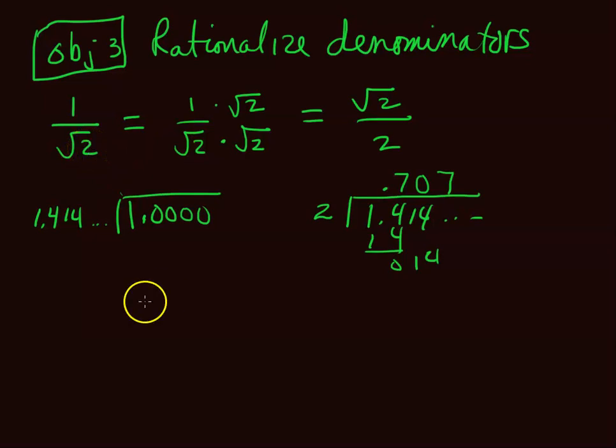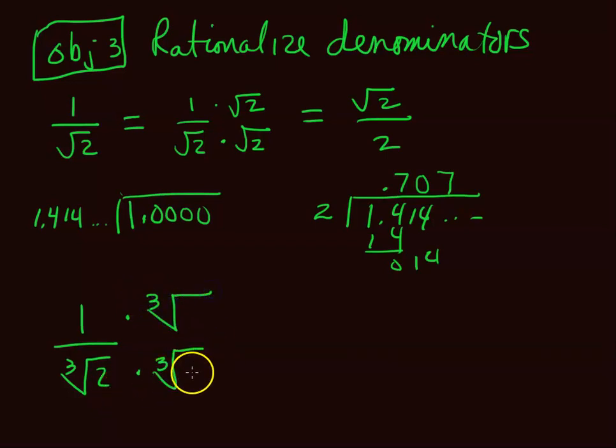So in many cases, we'll multiply by itself if it's square roots. Suppose I have the cube root of 2. Well, what you need to multiply by is enough stuff to make this denominator, in this case, an integer again. So I need the cube root. You're going to use the same root index.